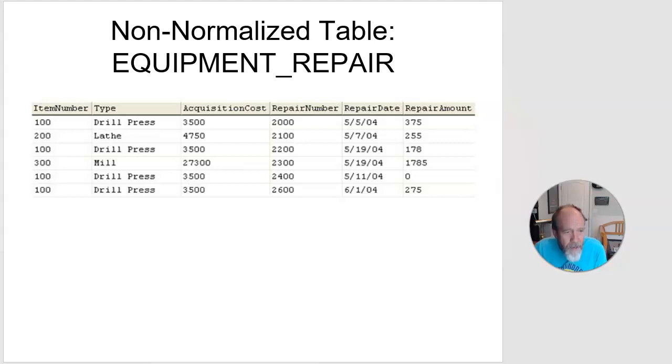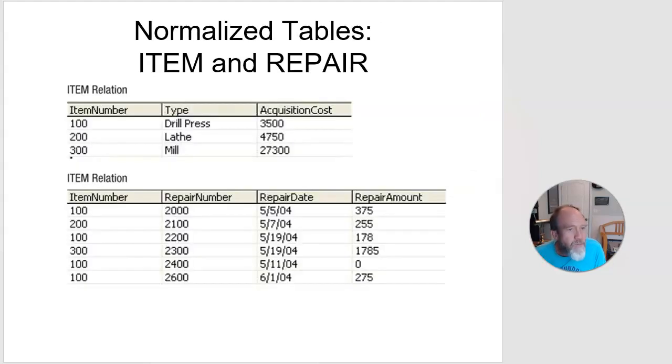Every time it gets repaired, all the information about the acquisition cost and the item number of that drill press is showing up in the next row. It's duplicated. Remember I said you want to avoid data duplication. If at all possible, you want to avoid it. And so we're going to try to avoid it.